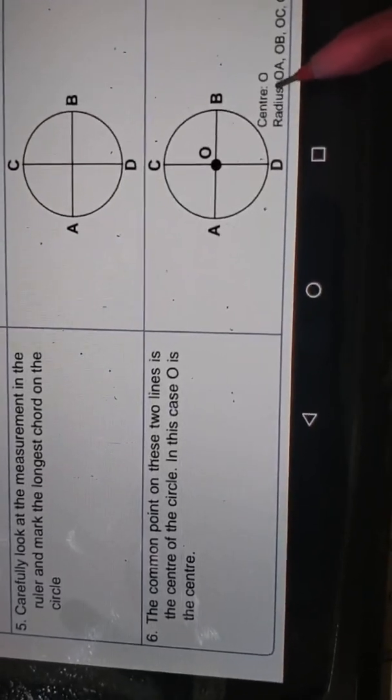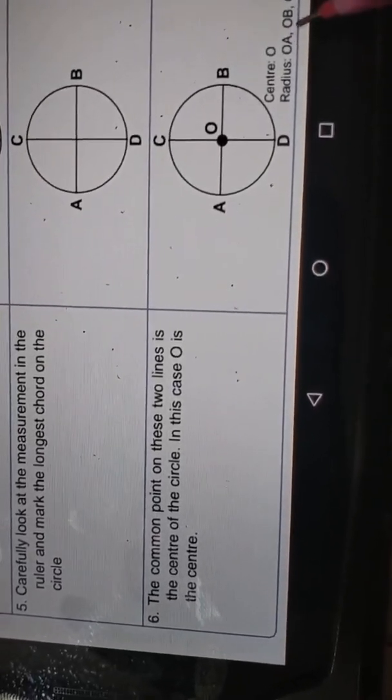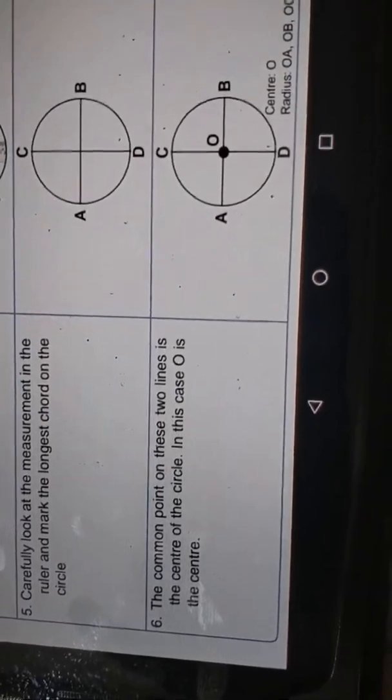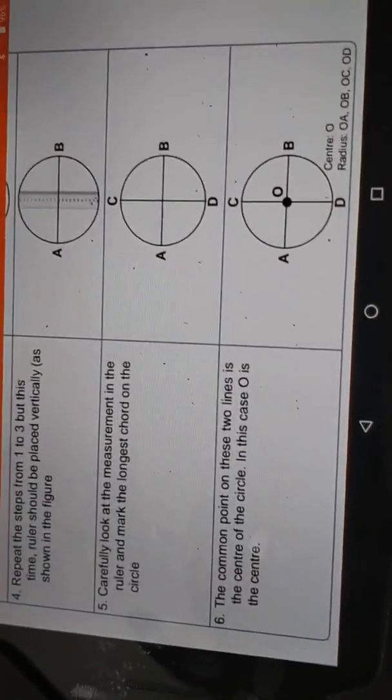So we have to write the center point O and radius OA, OB, OC and OD. Now I'll give you 1 minute students.